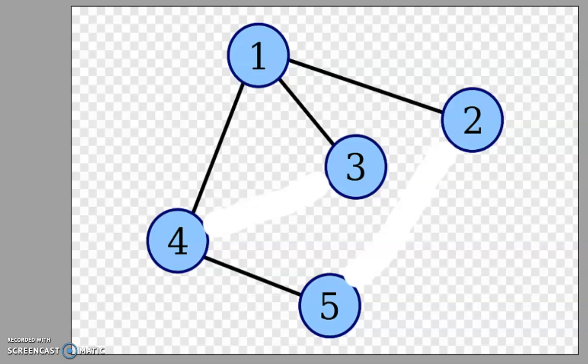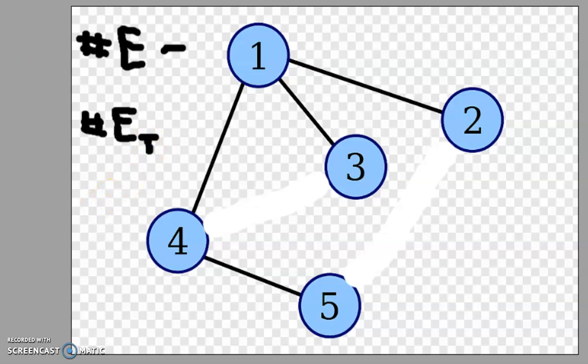So there's a nice simple formula for this. It's the number of edges minus the number of edges for a tree.